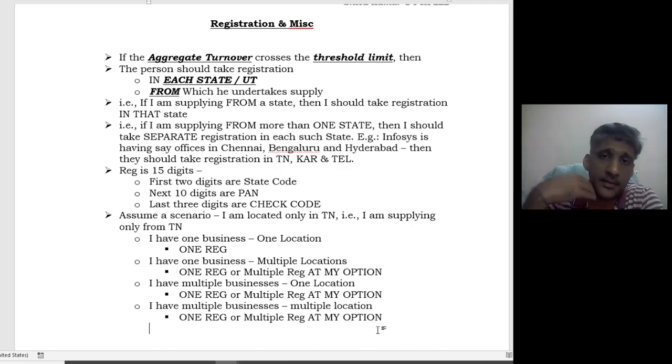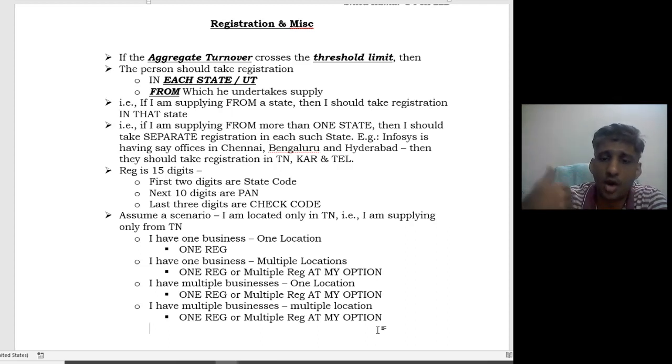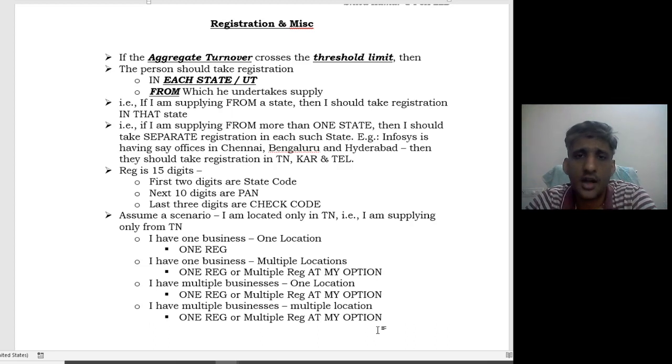Okay, I am a chartered accountant. I have branches in Chennai, Madurai, and Trichy. I also am running a restaurant which is in Coimbatore and Madurai, 2 different locations. Then I am also doing coaching classes which is at Chennai and, let's say, also at Trichy. Now I am doing 3 businesses. All the businesses are in different locations. Should I take one registration or multiple?